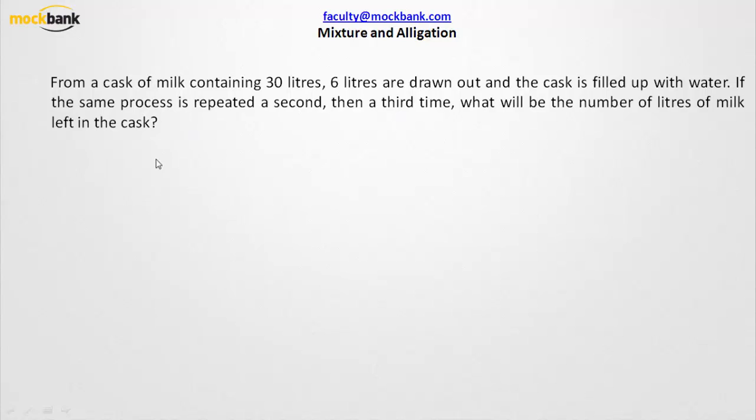So this problem can be solved by using this very simplified method. If you are taking 6 liters, how much are you taking? Can you appreciate that 6 liters is 1/5 of 30 liters?